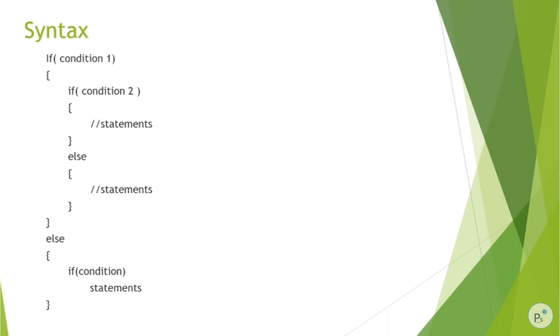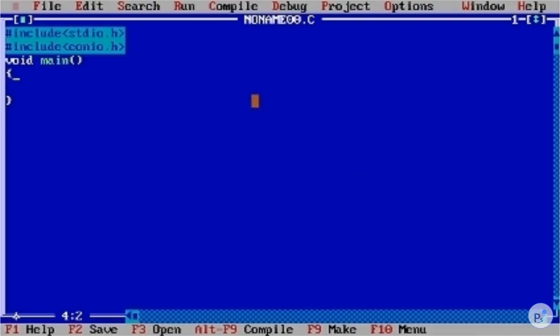Okay, so let's understand it in a programmatic way. We will take three variables from the user to check which one is greater. Let me define integer type a, b, c. clrscr is for clearing the screen.